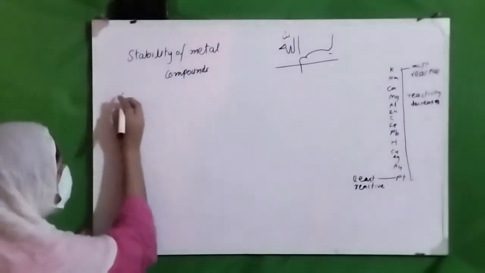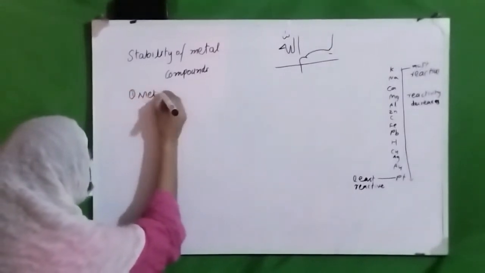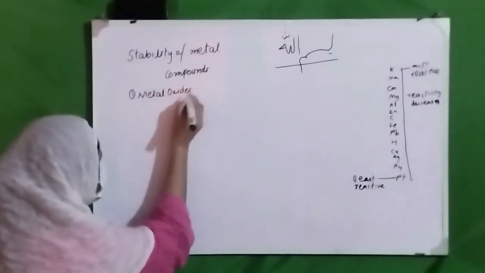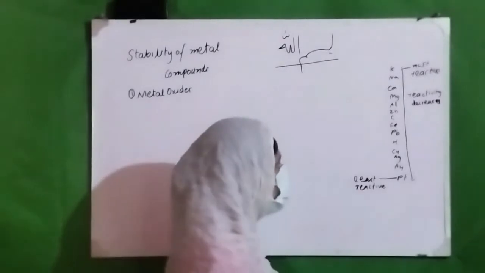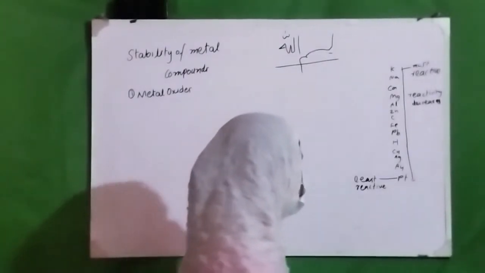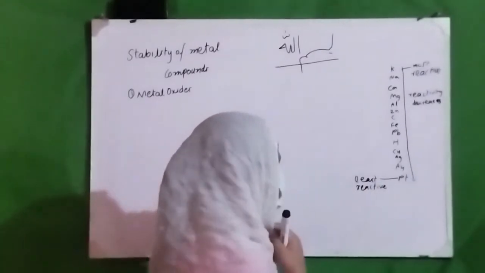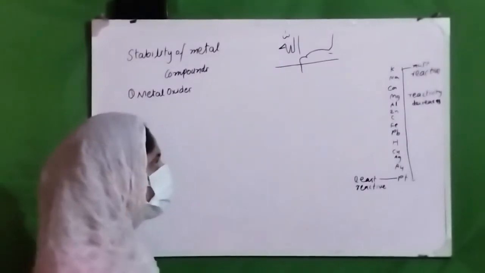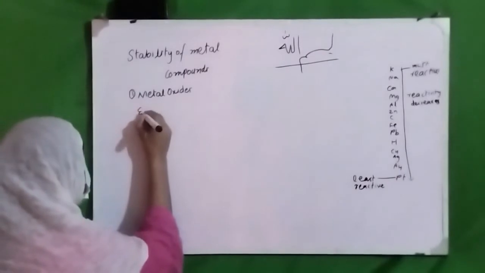So let's talk about the metal oxides. As I have told you in my previous lecture, the metals which are at the top of the reactivity series are the most reactive and are not easily decomposed by heating. So they need a specific procedure for their reduction. That procedure is electrolysis.